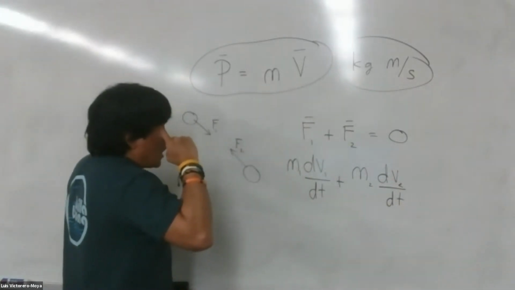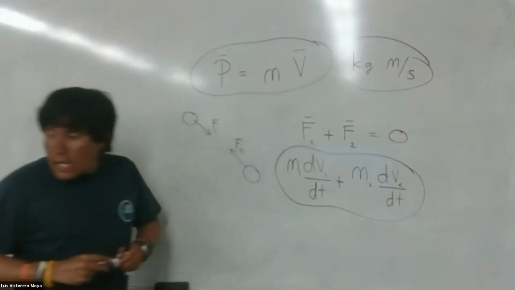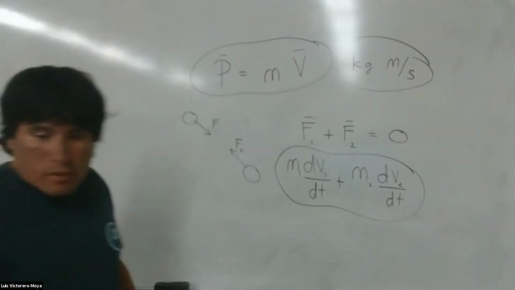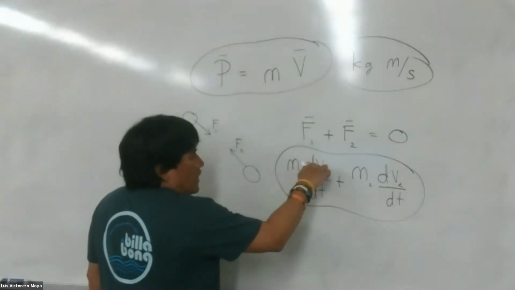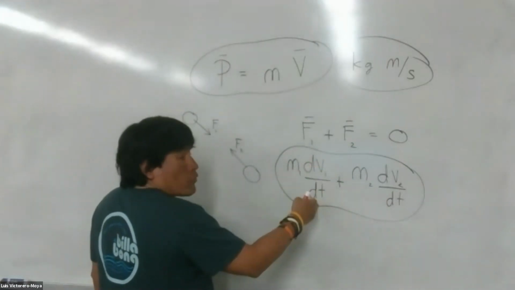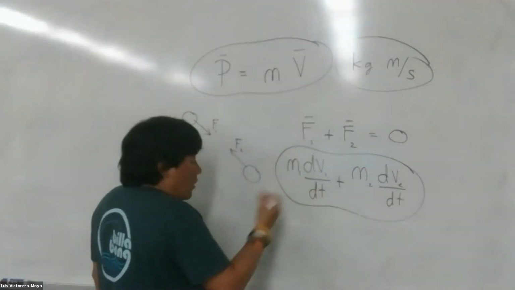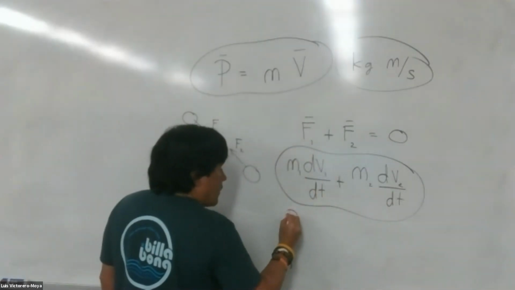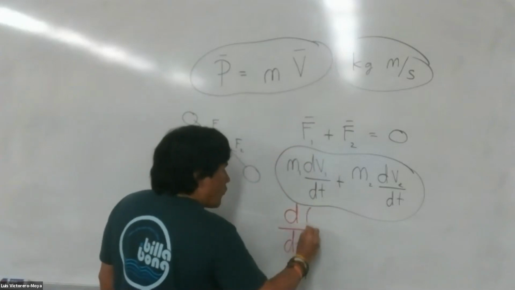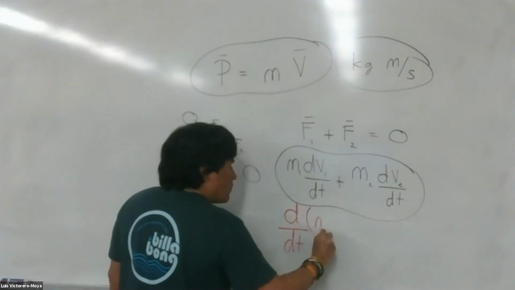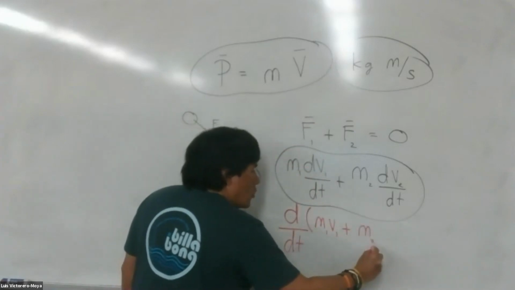But if you remember from calculus, we can combine those two, right? I mean, the derivative of v with respect to time is the acceleration. If I put a derivative of mv, m is a constant, so I can just write it like this. The total derivative with respect to time of m1v1 plus m2v2.